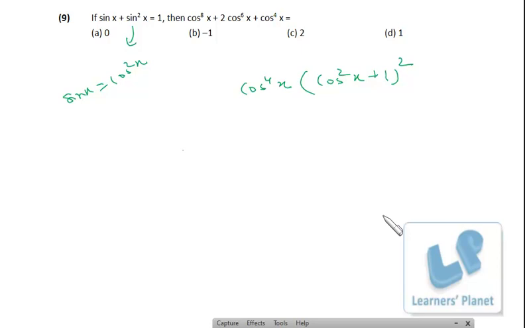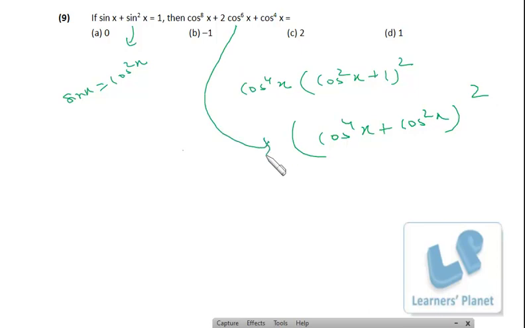And I can even take this cos 4x inside this. If it goes inside the bracket, it will be cos square x only. So cos square x into cos square x will be cos 4x, and this is cos square x. So finally this expression is nothing but this expression.